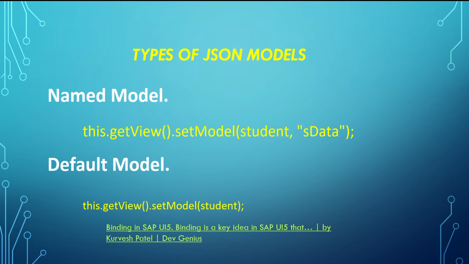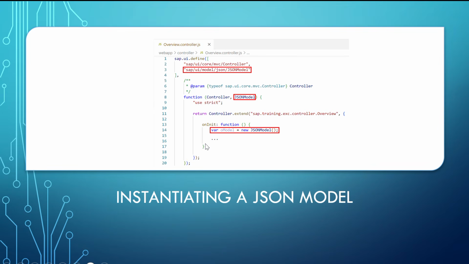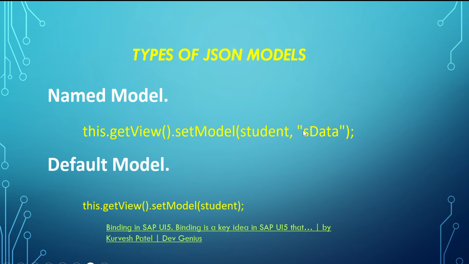In the JSON model itself, we have two different types of model: one is the named model and one is the default model. Once we define the model here, we need to set it and bind the name. For example, how to set the model: this.getView().